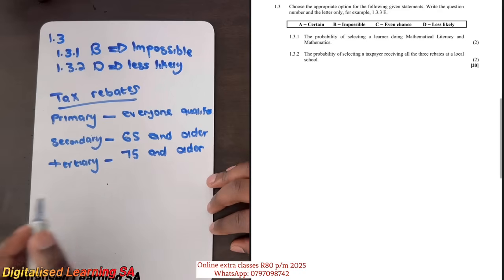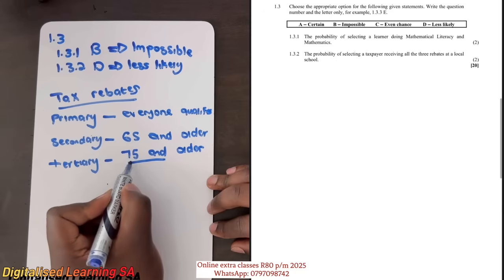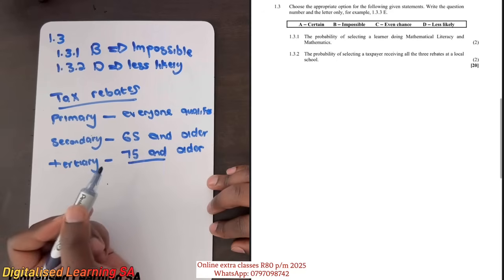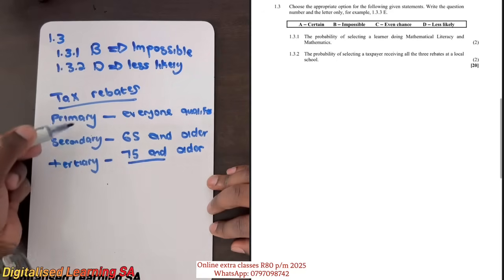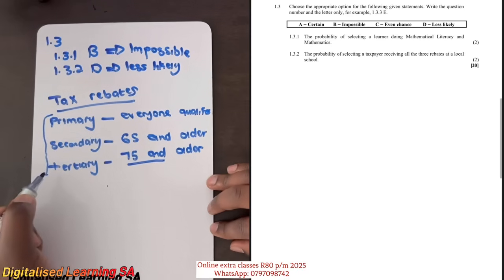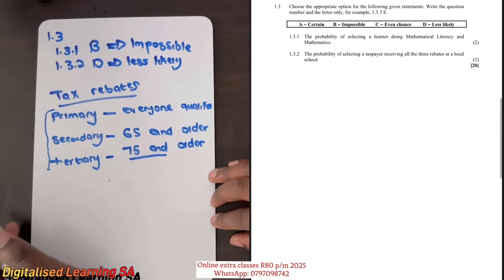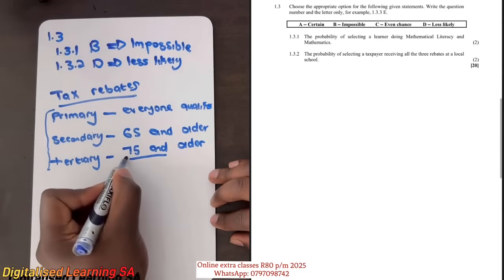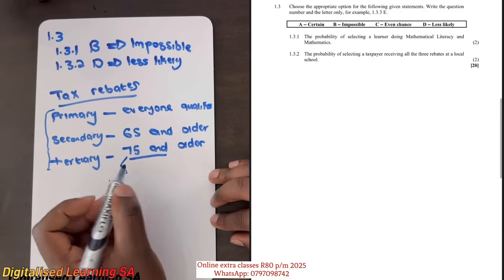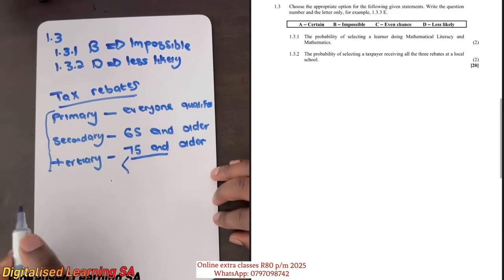By all 3, they mean that this person needs to be 75 years and older to qualify for all 3. And why is it less likely? It's because at this age, workers have already gone to pension.